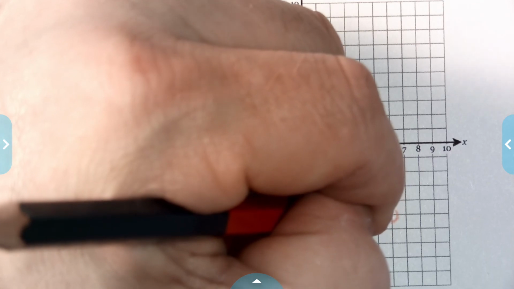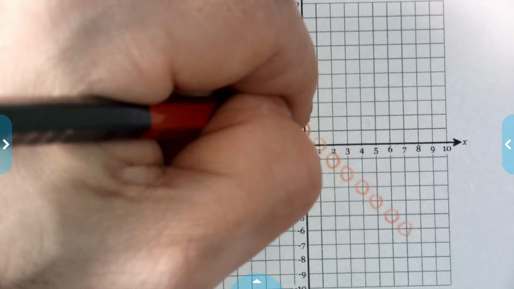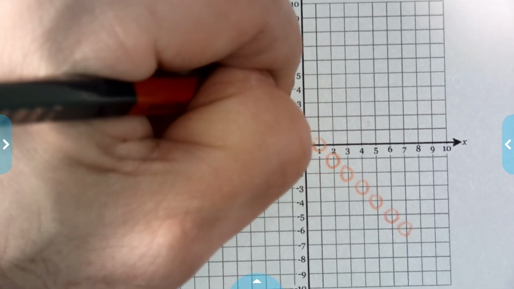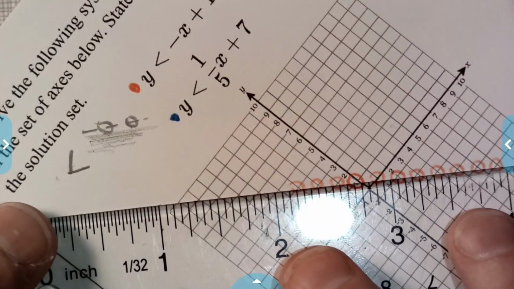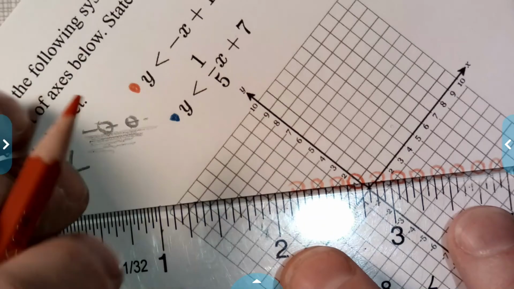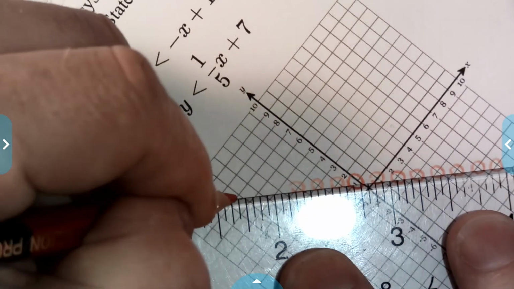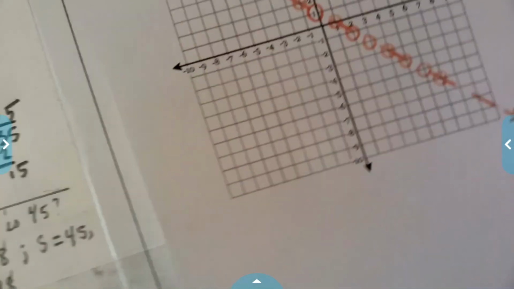See what's going on here? And then okay, once you get the idea, you can come in and sort of dash in your line. And then are we shading above or below?